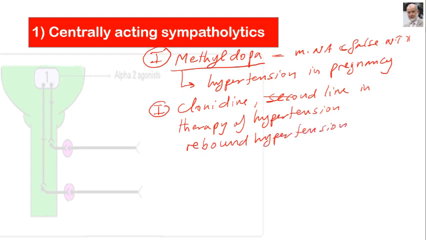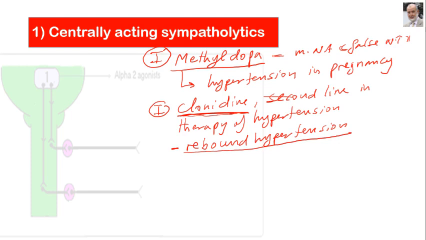This is a problem of treatment with clonidine. Therefore, clonidine should never be stopped suddenly, because blood pressure will go up very acutely.